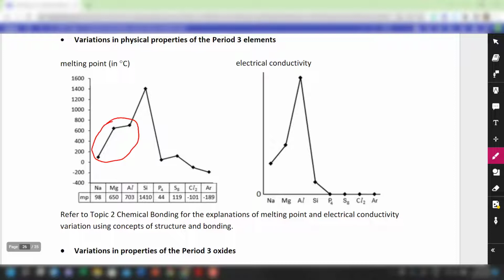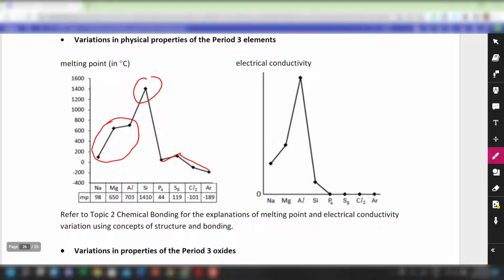Silicon has a giant covalent structure, so an extensive number of covalent bonds is required to be overcome in order to melt it. Then from phosphorus to sulfur to chlorine to argon, you notice there's an increase and then a decrease. All these are simple molecular structures where you are overcoming weak dispersion forces between the molecules.